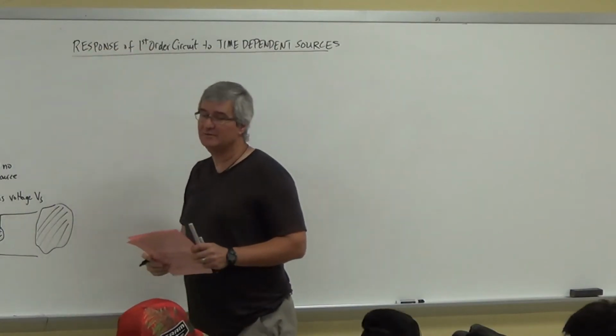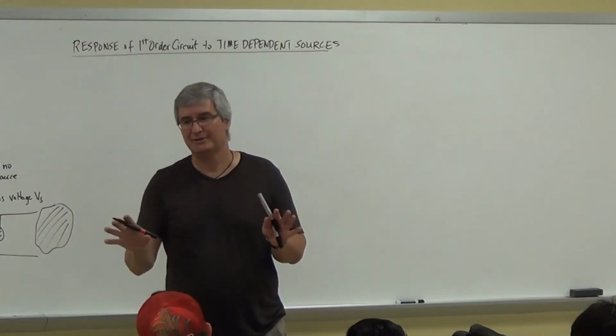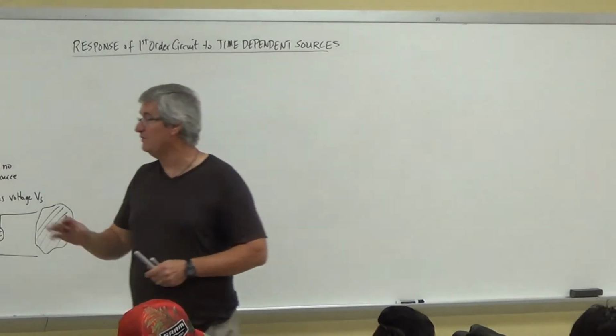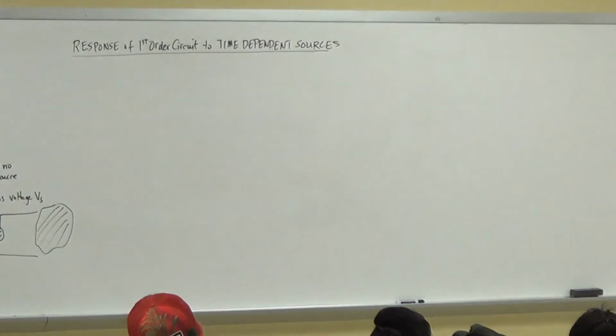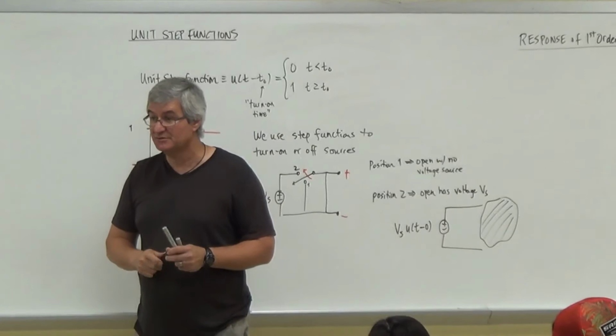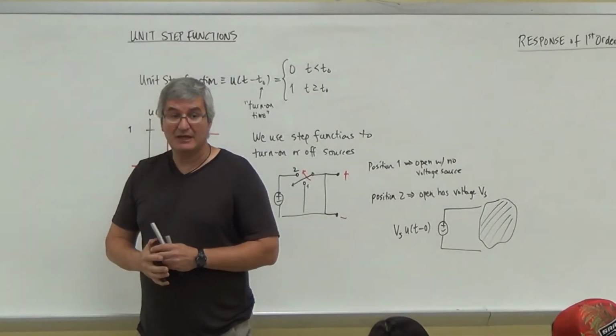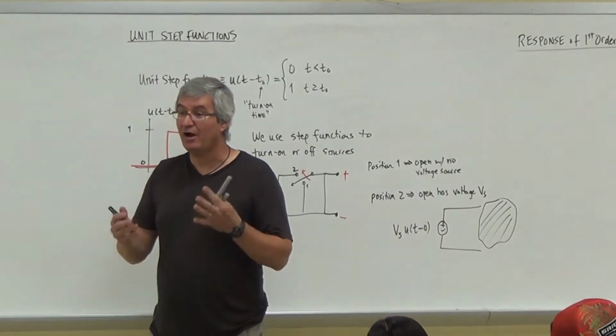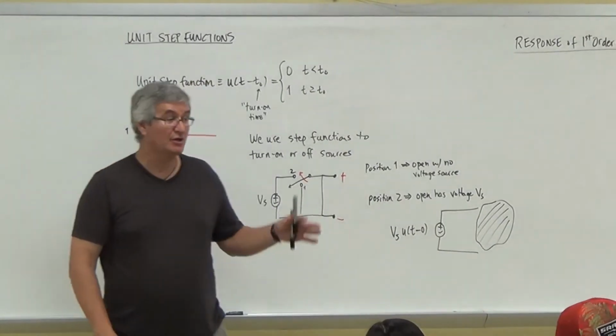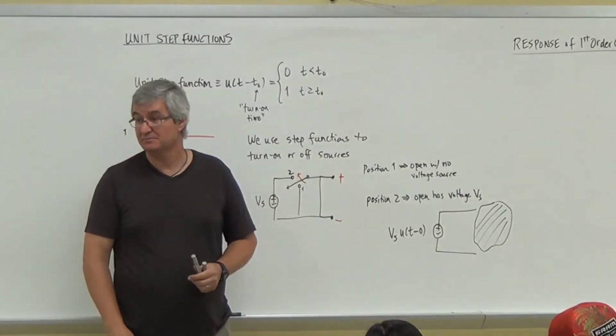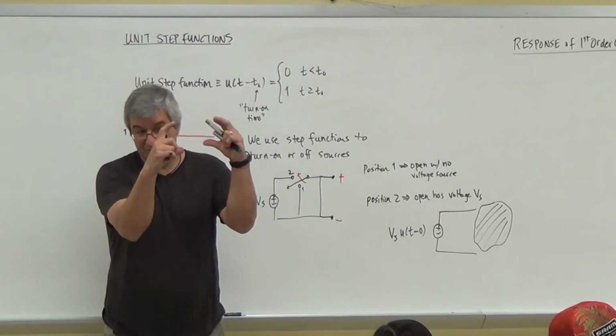Now, let's be really clear here. What we've been doing up to this point has been constant sources. You can't apply a constant source solution to a time-dependent solution. All you have to do is look at the source.